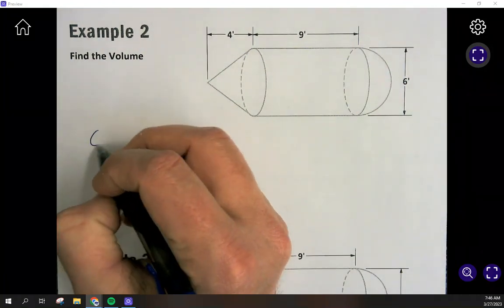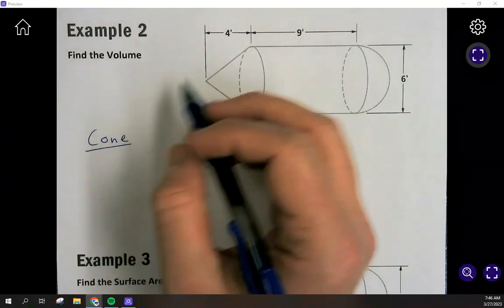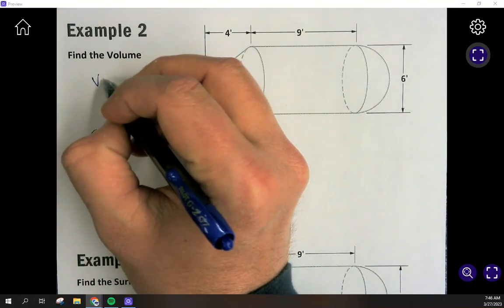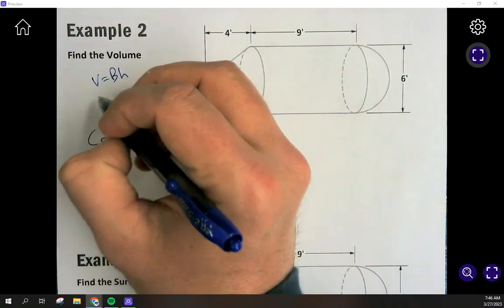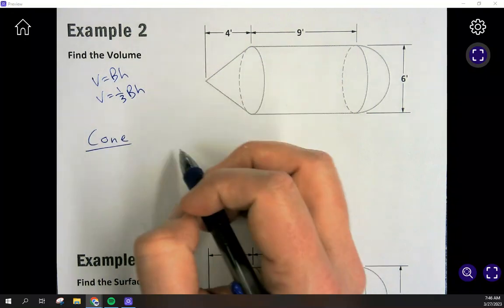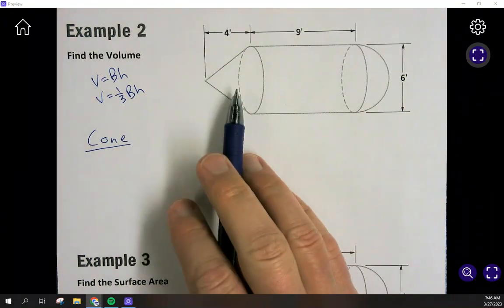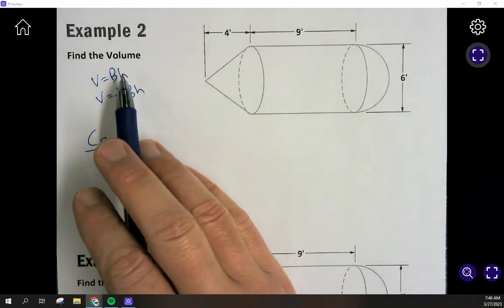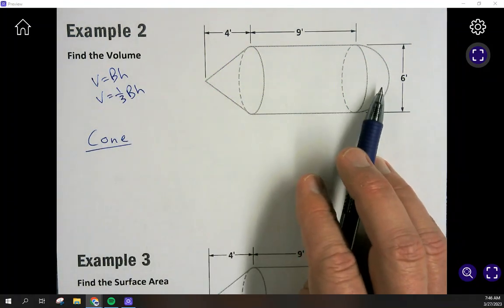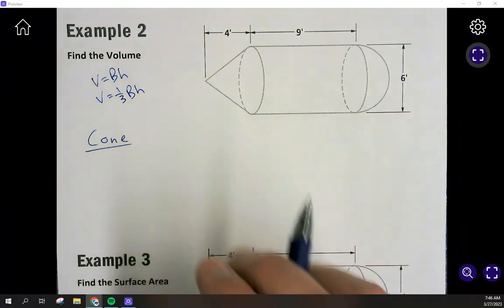So let's start with a cone. So remember, volume for all of these is either big B times H or 1/3 big B times H. The 1/3 is your cones and your pyramids that come to a point. And then your cylinders is big B times H. And we just talked about what the sphere is. We'll take half of that as well because it's half a sphere. But let's start with the cone.